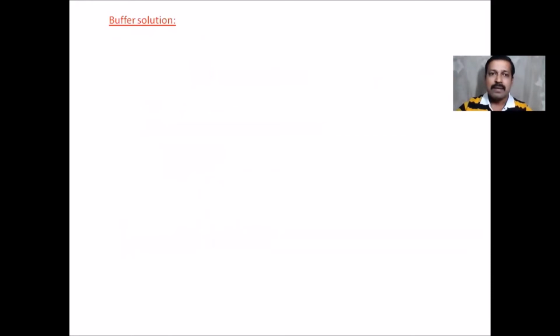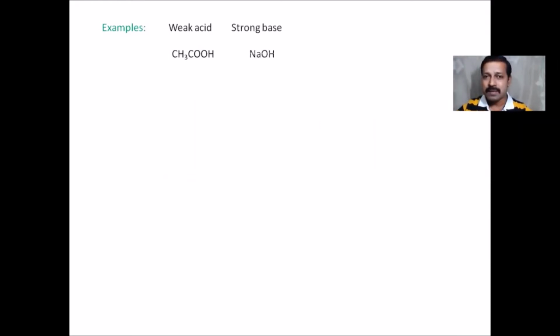See, examples: weak acid, say acetic acid; strong base, sodium hydroxide. And you know the acid and base will react giving salt and water. Thus the salt will be sodium acetate, which is an example of a salt of weak acid and strong base.